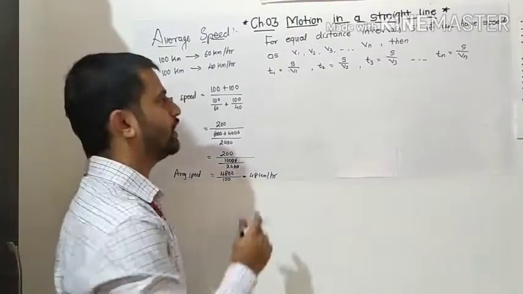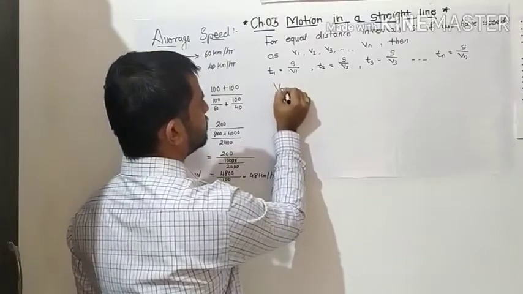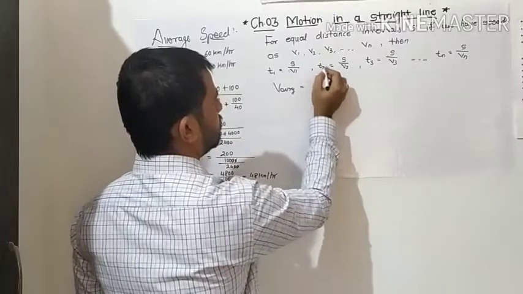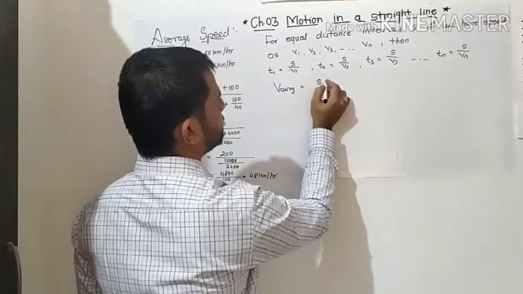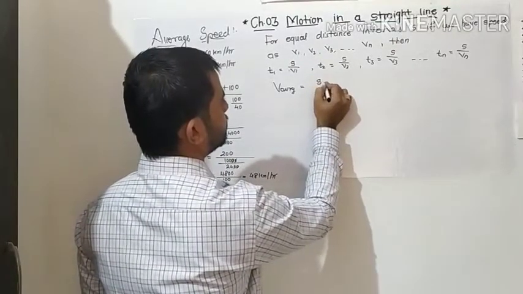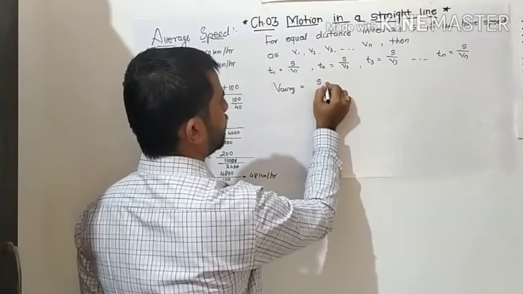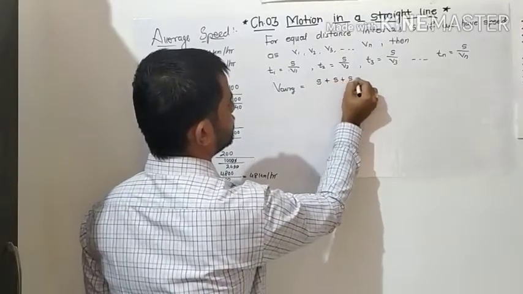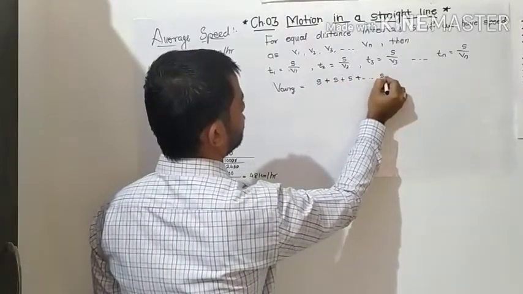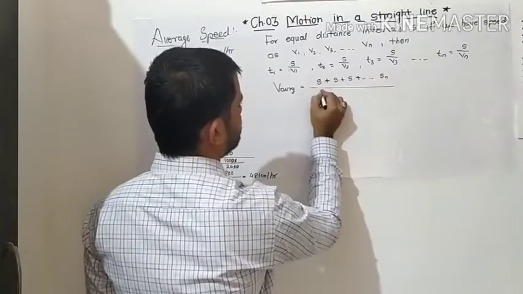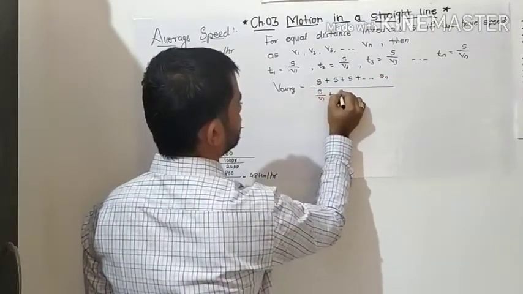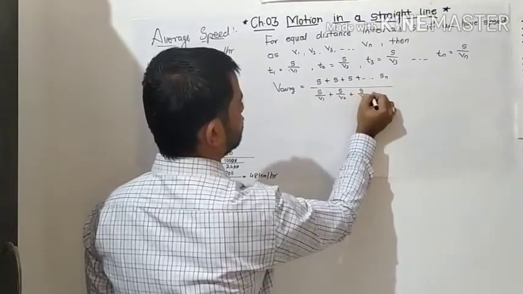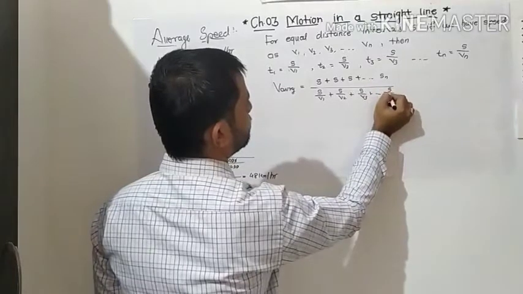So how to write the V average? V average is equal to S plus S plus S plus up to Sn upon S upon V1 plus S upon V2 plus S upon V3 plus up to S upon Vn.